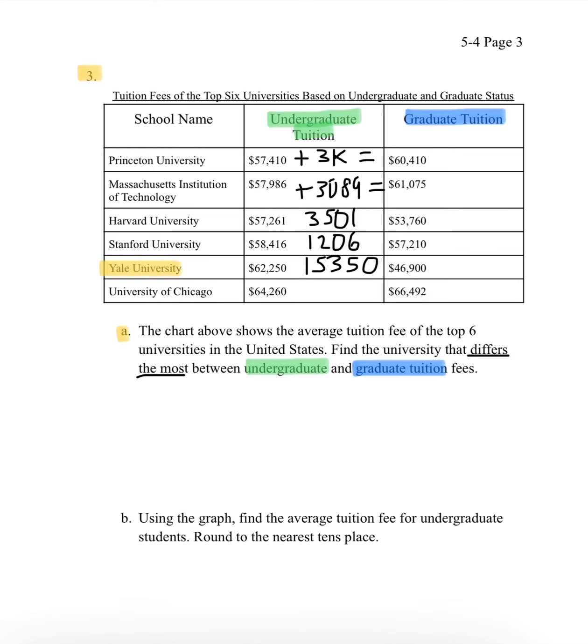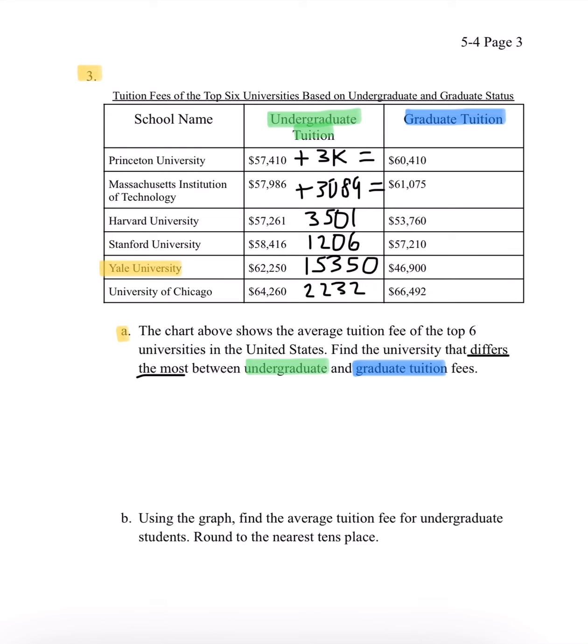But let's look at University of Chicago as well. So undergraduate is $64,260. And graduate is $66,492. So we get $2,232 for the difference. So we see here that Yale has the biggest difference.